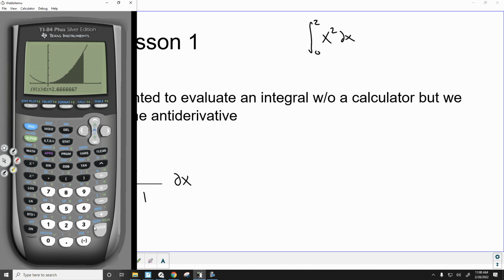Don't graph an integral. You can evaluate an integral on a home screen, but don't graph an integral. Graph a function and have your calculator get the integral.